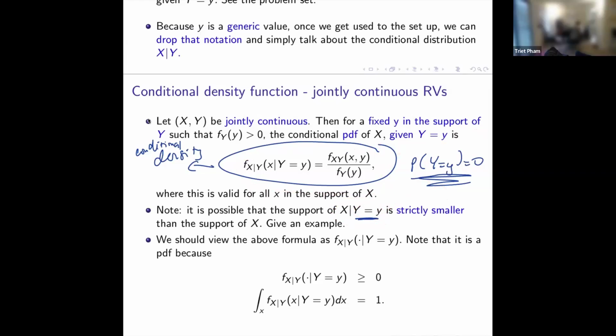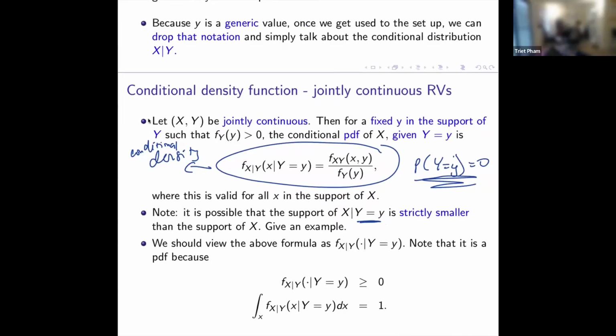Now again, why is there no contradiction? The reason is that these are jointly continuous, like the times of 2 buses arriving at the station. When you know the time of the first bus arriving, it is a definite time. Let's say the first bus arrived at the 16th minute. Then that's it: X equals 16 or Y equals 16. Conditional on that, what is the probability that the other bus arrives in a certain time interval?